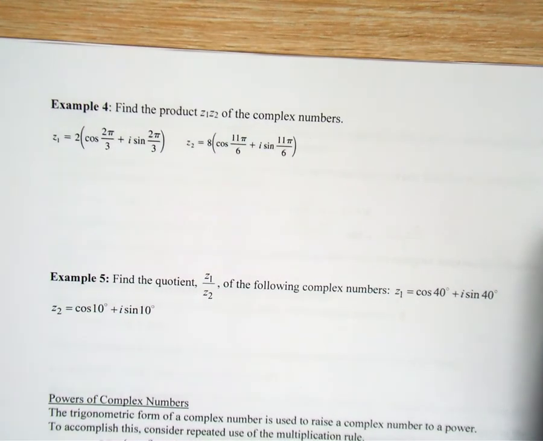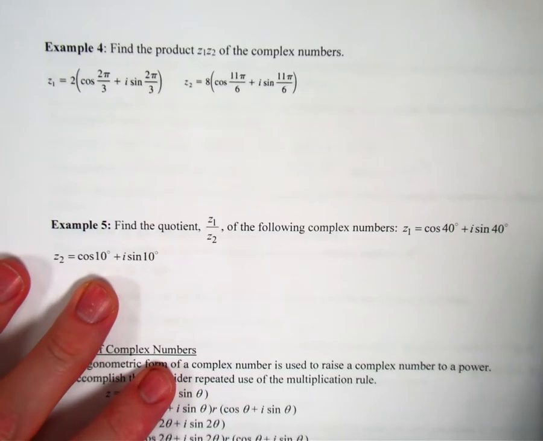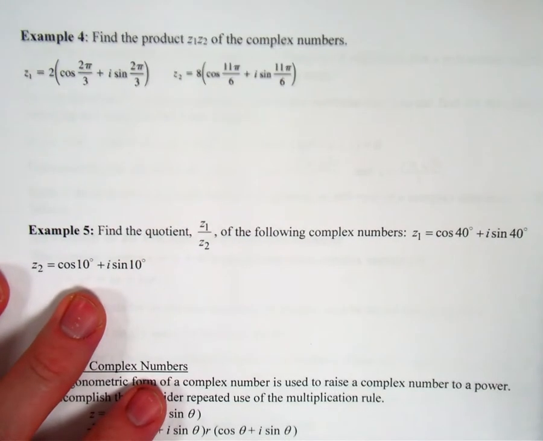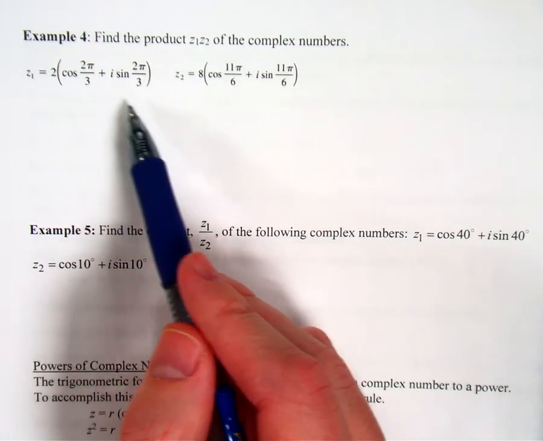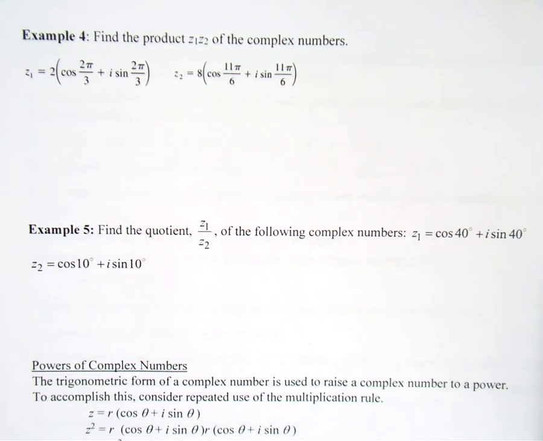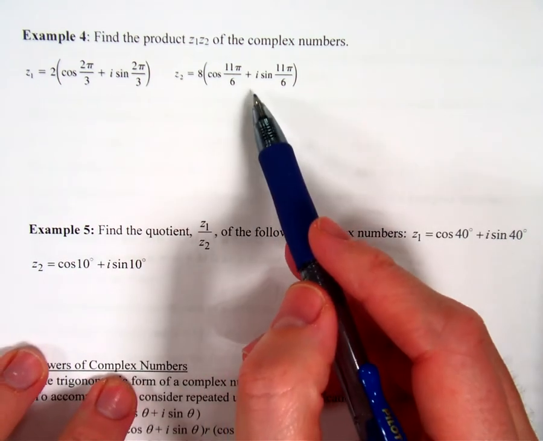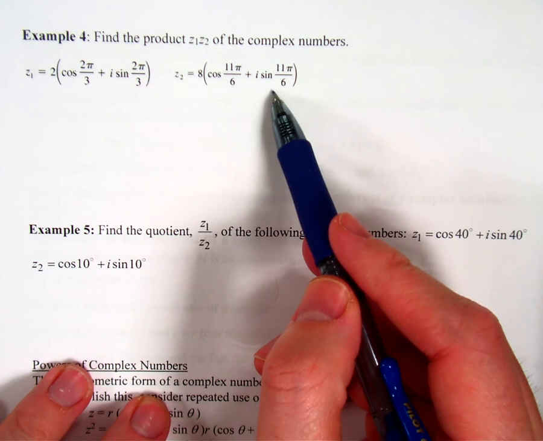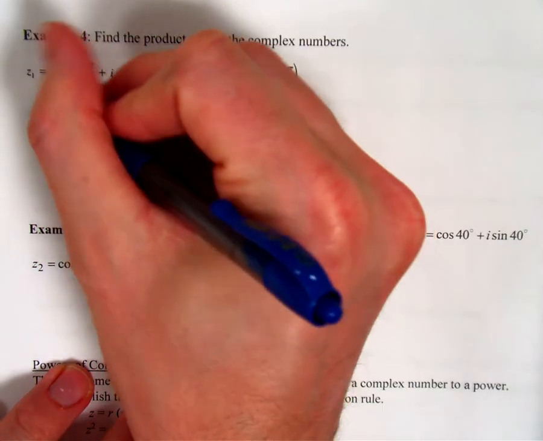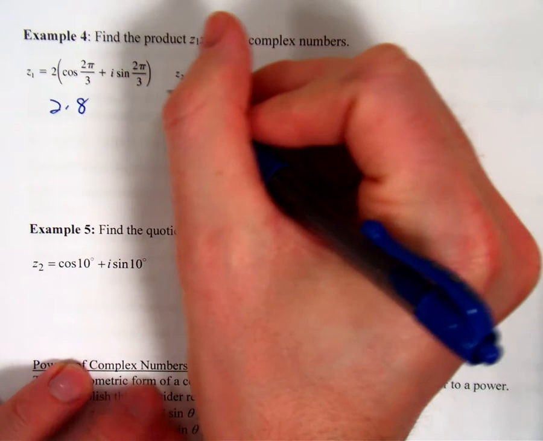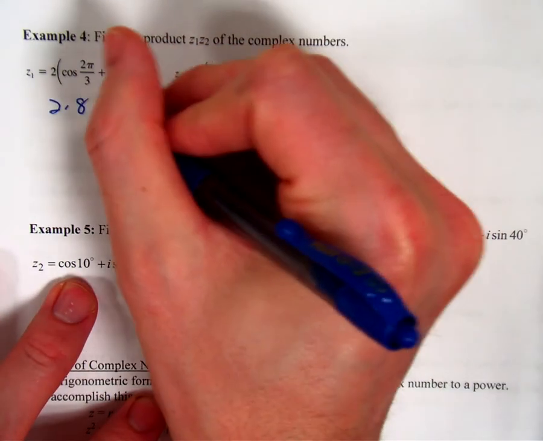Okay, multiply those two numbers. Okay, so when we multiply, 2 times cosine 2 pi over 3 plus i sine 2 pi over 3 times 8 parentheses cosine 11 pi over 6 plus i sine 11 pi over 6. Okay, we multiply the outsides, 2 times 8, and then we add the thetas.